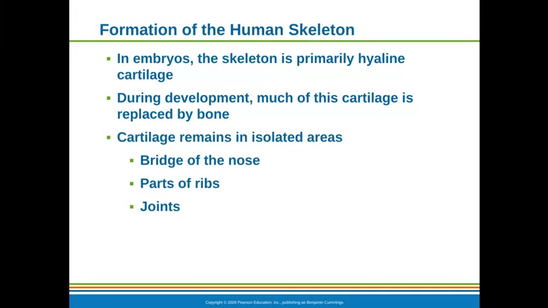However, cartilage does remain in isolated areas: the bridge of the nose, parts of the ribs, the joints, and even the ears. Now, there's a lot of debate as to why this is, but one of the most simplistic explanations is that those are areas that are exposed or could routinely come in contact with external forces.